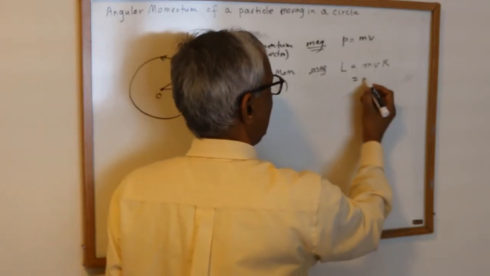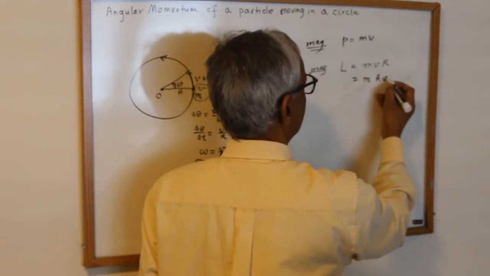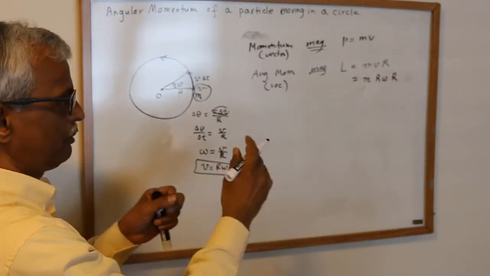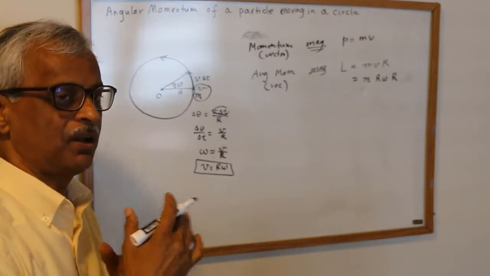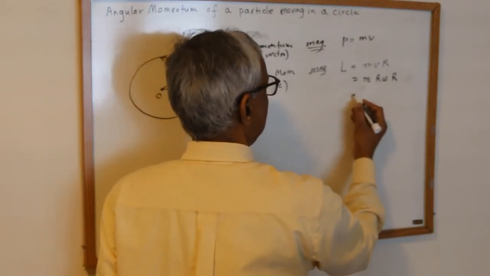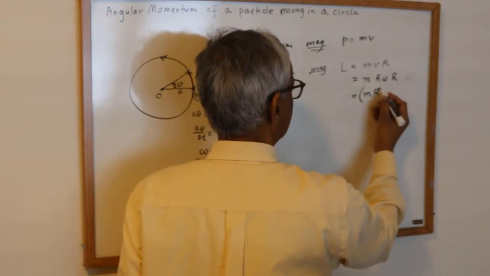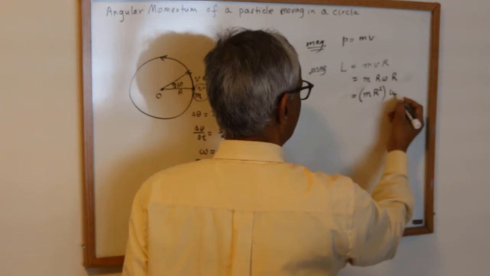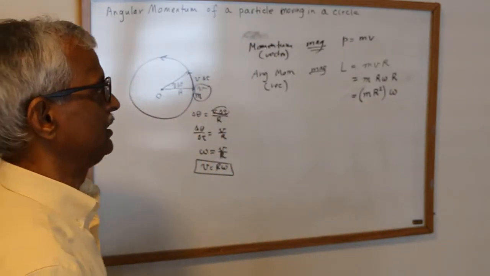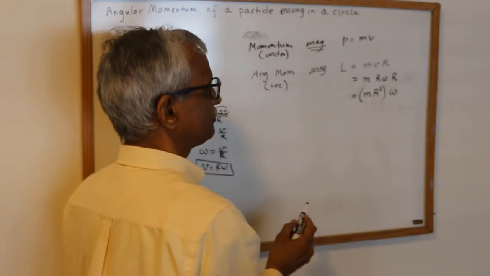So I have m r times omega times r, and then we separate out the angular part from the rest, and we notice that we can group these things together, and we have a very good analogy with what happened in the momentum.